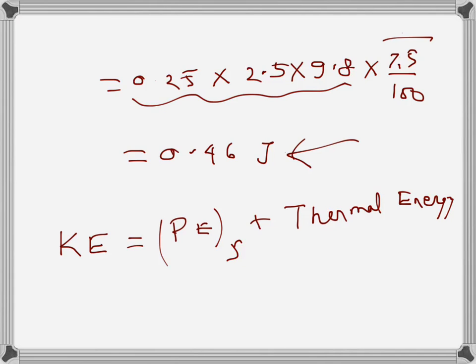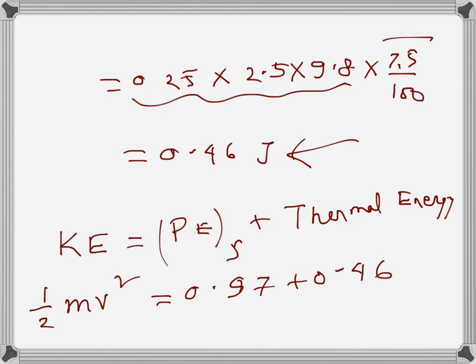So the summation of these two will be 0.97, I'm just looking at the magnitude here, of course, and then 0.46, and this will be equal to the kinetic energy of the block when it reaches the spring, that is, half times mass times velocity squared.